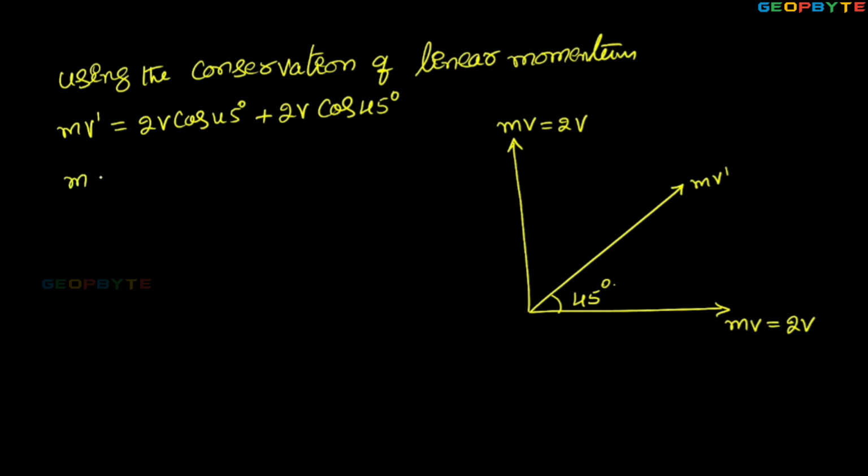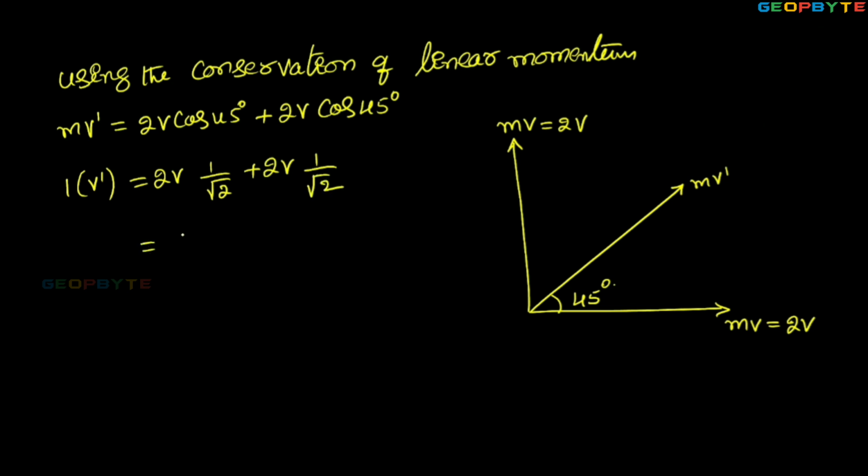So for the lighter mass, m equal to 1. Here 1 into v dash is equal to 2v times cos 45, which is 1 by root 2, plus 2v times 1 by root 2.